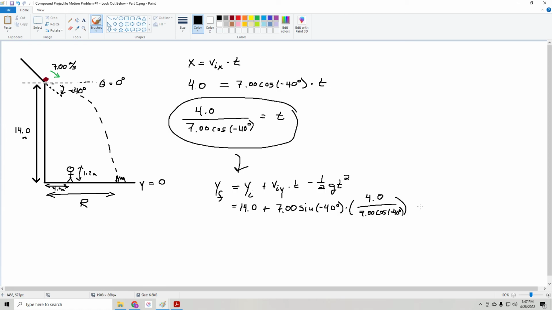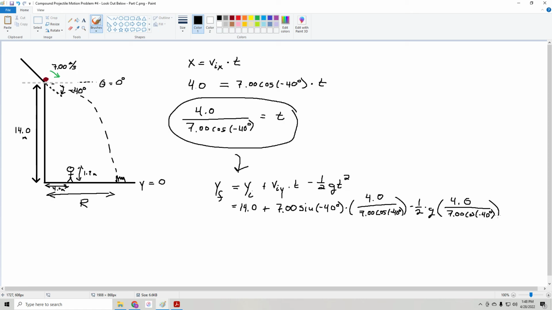And then we're taking minus 1/2 the value of g, the 9.8 meters per second squared, and then the t, remember, is that same expression, 4.0 over 7.00 cosine negative 40.